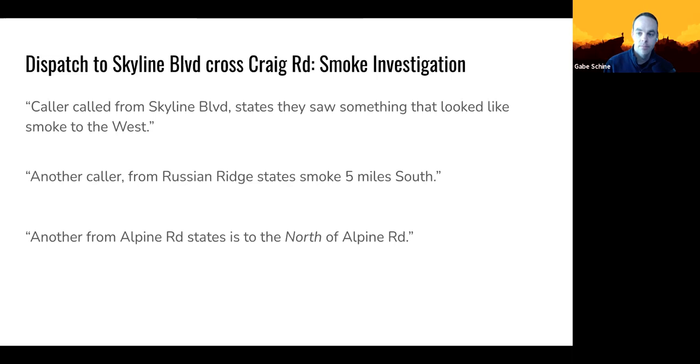So what we end up with is very little information or information that we can't trust. In fact, at this point, we don't even know what we're responding to yet. It could be nothing. So what's the best we can do? Well, we get a unit or two up there and we look and see what's going on ourselves. And that costs us time.